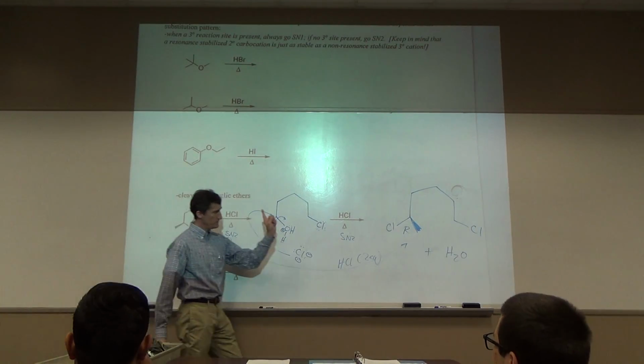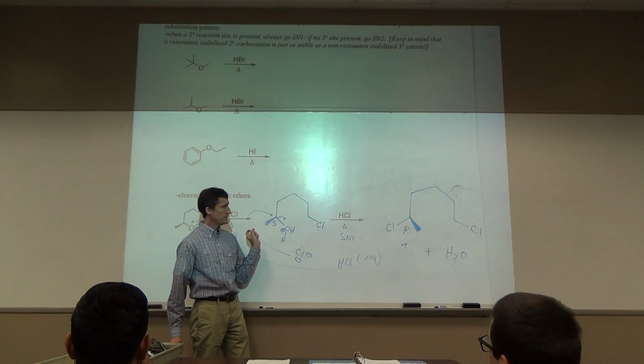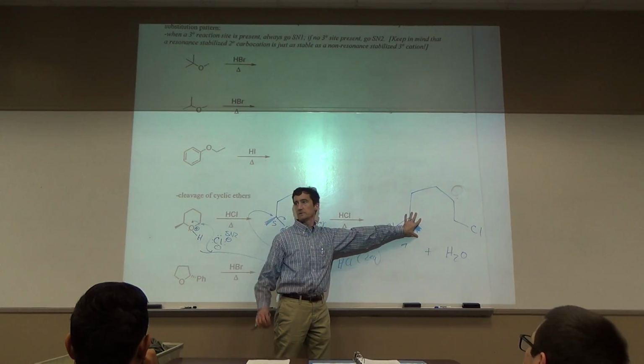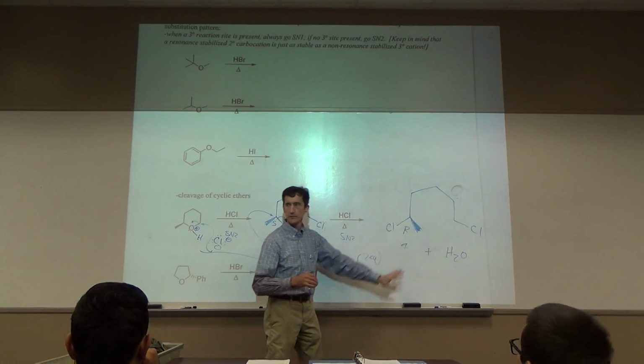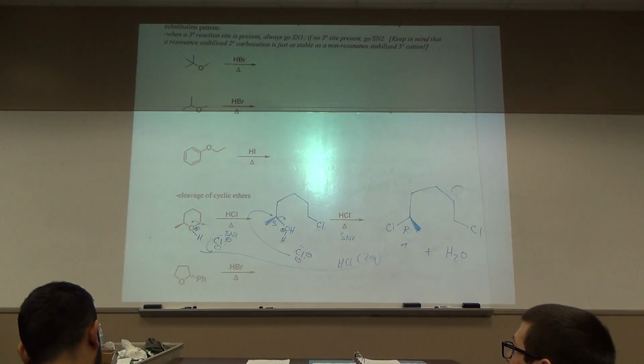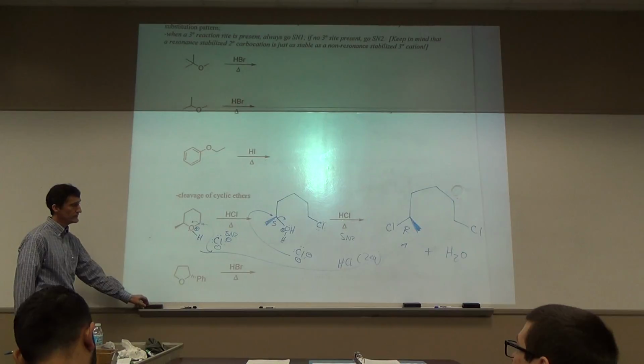Now, if I showed a product and I asked you to do a mechanism, well, then you can tell. For example, if I showed this here and I showed racemic here, then you'd know it was SN1, and then you would say, well, here's how you do SN1. Again, usually if it's primary, secondary, I usually do SN2 on secondary, if we're purely just predicting the product.